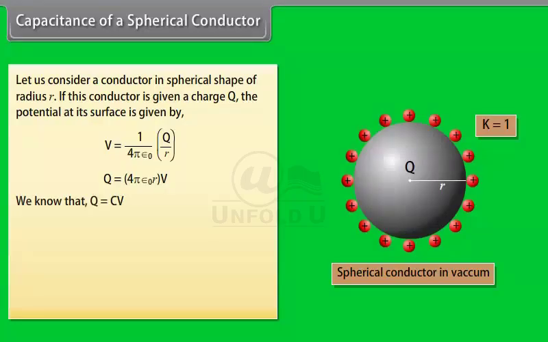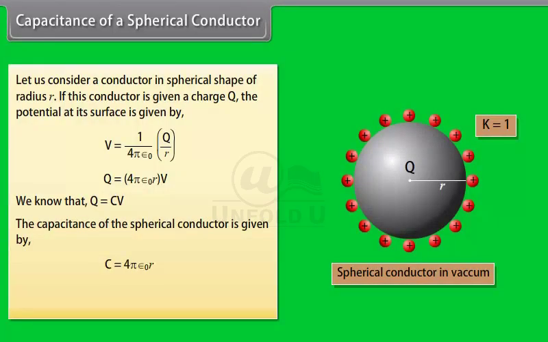On comparing the above equations, the capacitance of the spherical conductor is given by C is equal to 4 pi epsilon naught R.